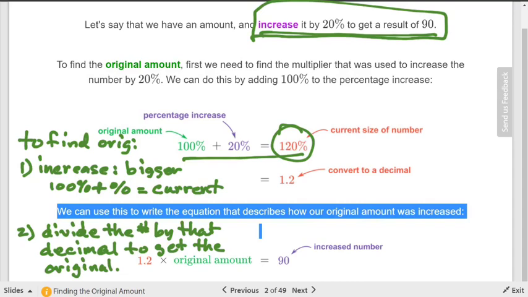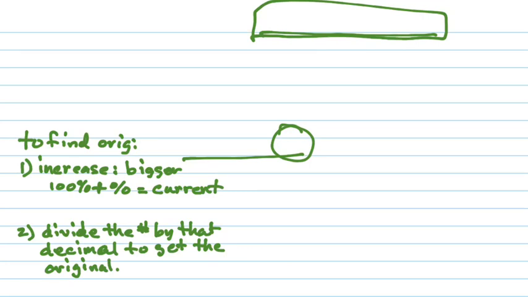All right, so here we go. Let's just do this one on a blank piece of paper. So we've got 90 is 120% of some number.